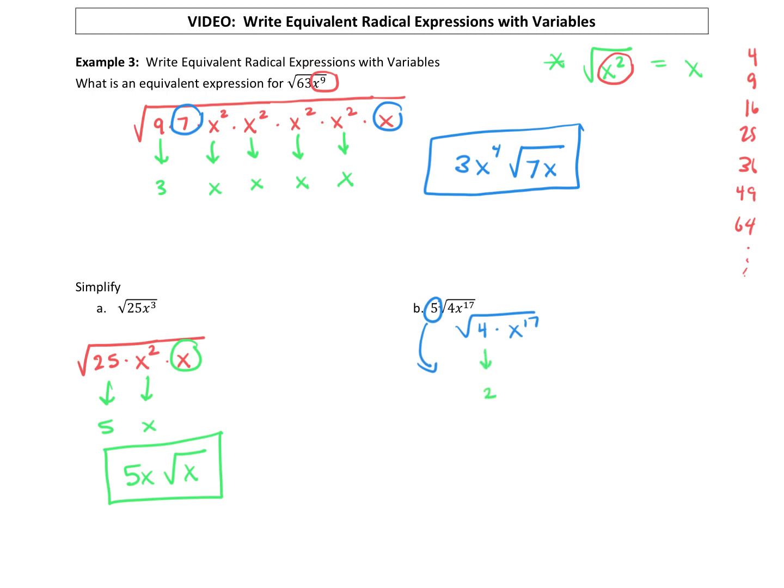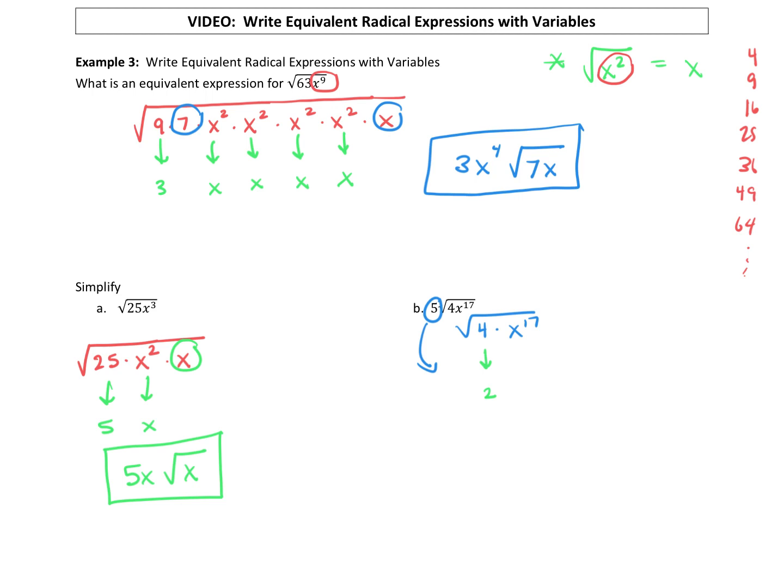And now this square root of x to the 17th power. How many of these x squareds, like we did up here, can fit into x to the 17th power? By the way, if our exponent is odd, we're always going to have a leftover x. If our exponent is even, we'll have a perfect number of x squareds we can square root.